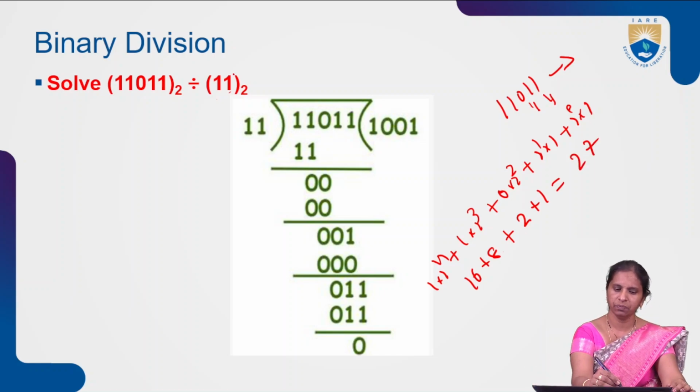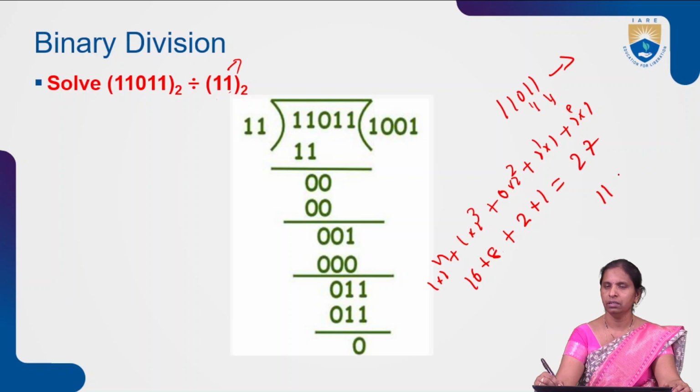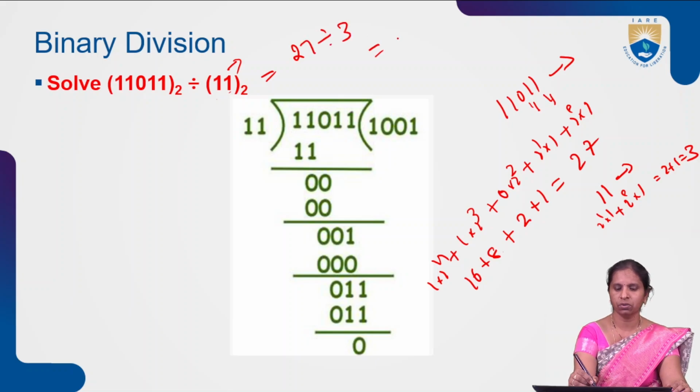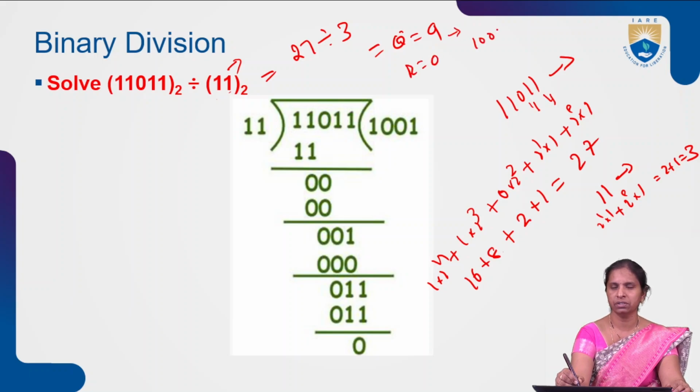And what is 11 in the decimal number? 2 power 0 into 1 plus 2 power 1 into 1, so 2 plus 1 equals 3. Now you want to divide 27 by 3. Then the quotient is 9 and the remainder is 0. And 9 can be represented in binary as 1001.